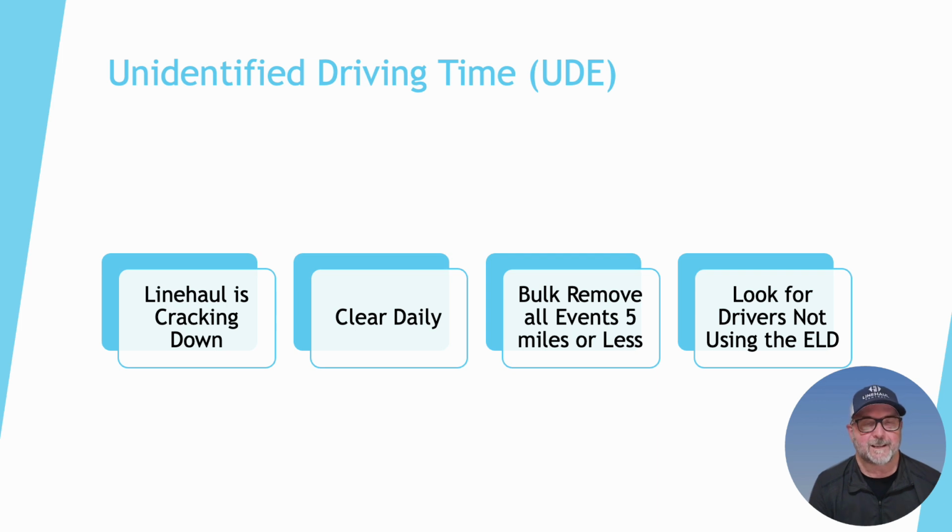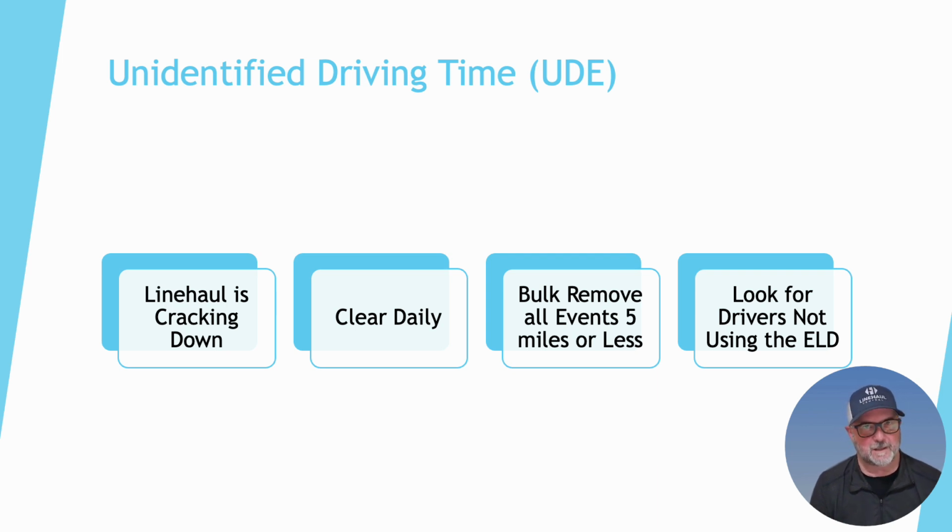So what's my mindset on UDEs? My mindset is, if I see a tractor that has 2, 3, 400 miles on it in a day, that's telling me that the driver's not using the ELD, which is bad. That's not allowed in our operation. So the first thing you're trying to figure out is what's going on with that.